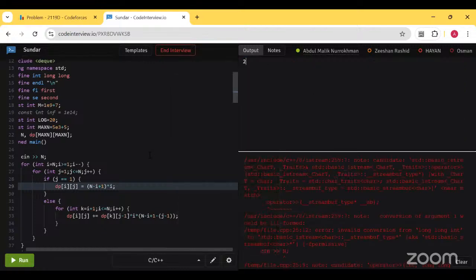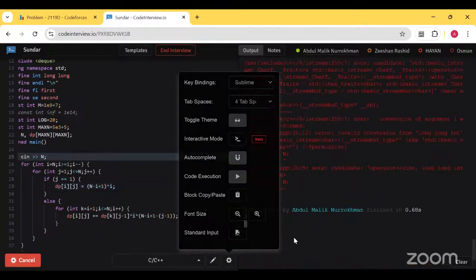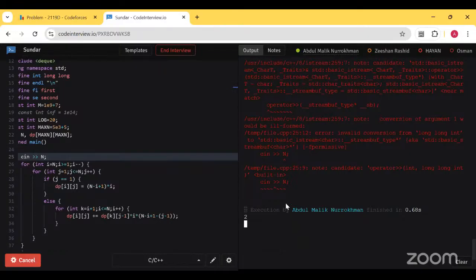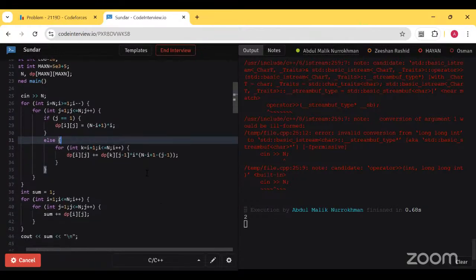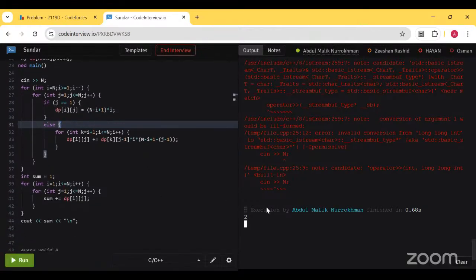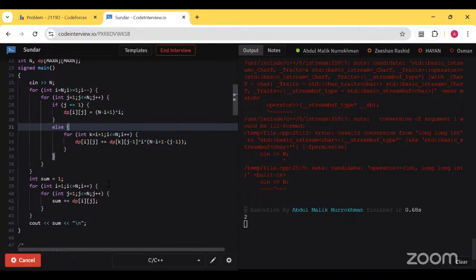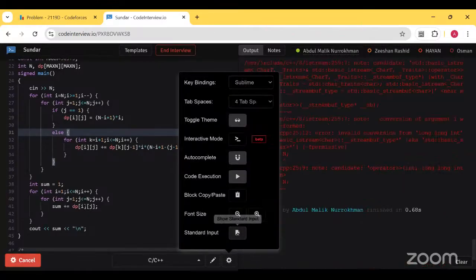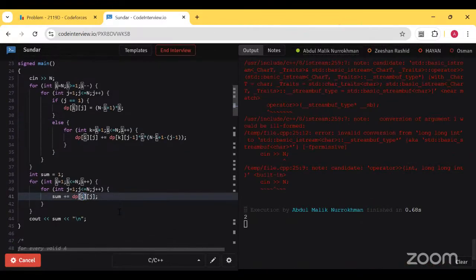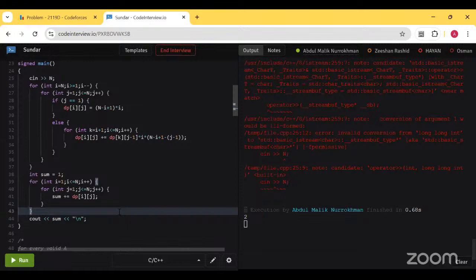If the input is 2... Wait, what's wrong?